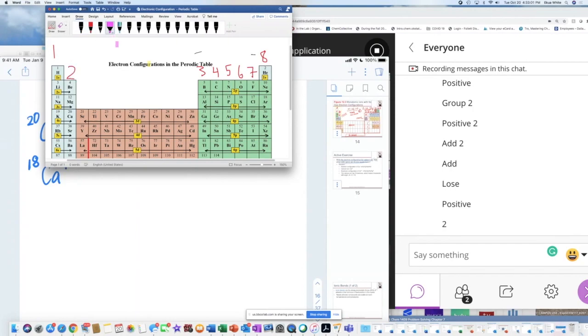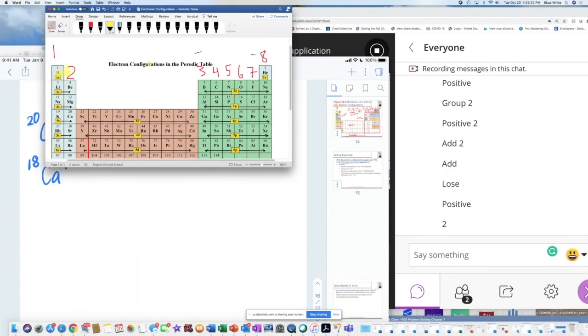So the configuration for calcium after it has lost 2 electrons. Okay, so I'm going to use the yellow marker first. Now we're going to go with calcium, but after it's lost 2 electrons. So we're not going to go all the way to this part here. So after it loses 2 electrons, now it only has 18 electrons. That's that position there. So we'll go from the beginning, from here to here.